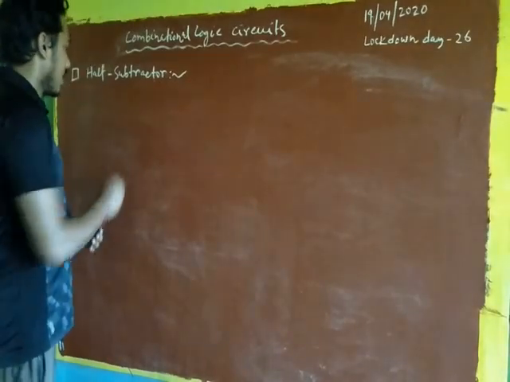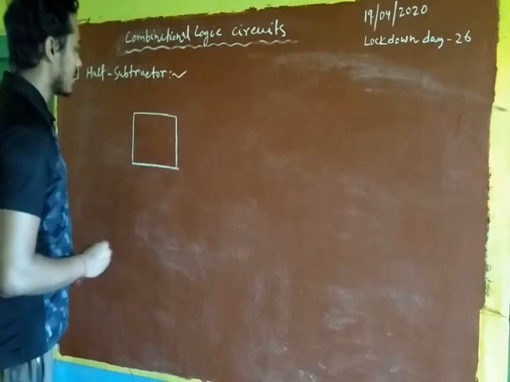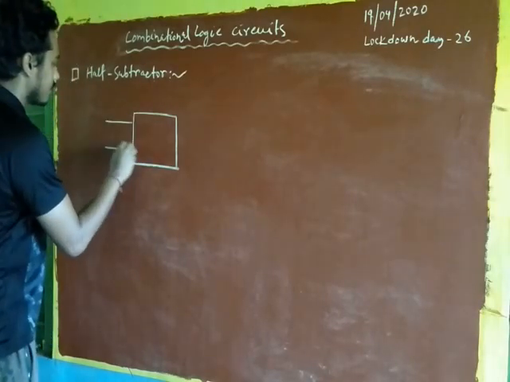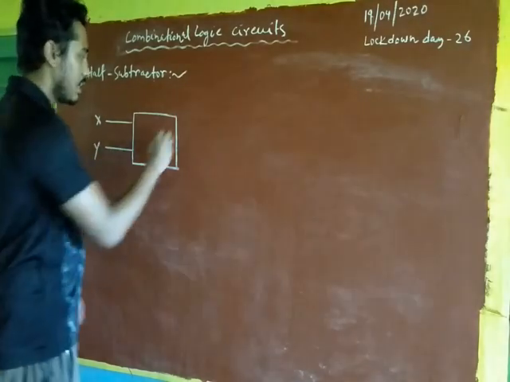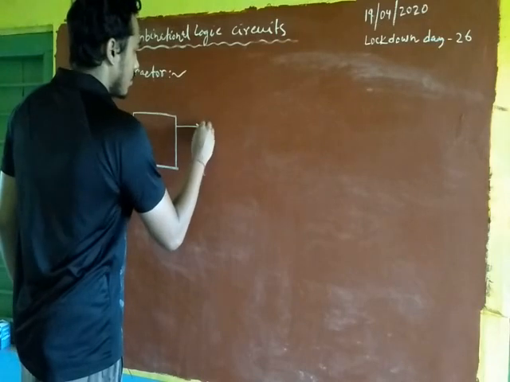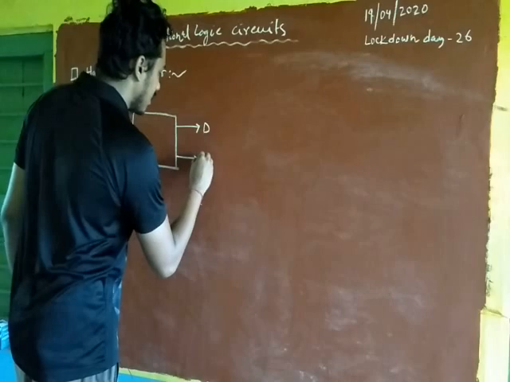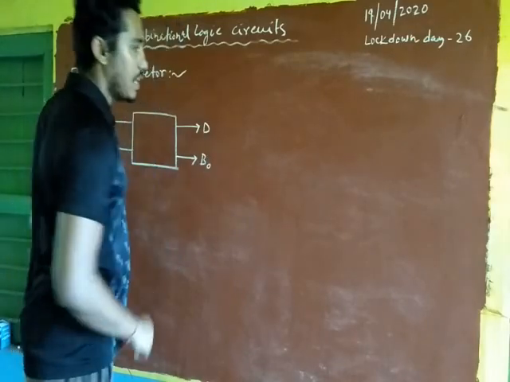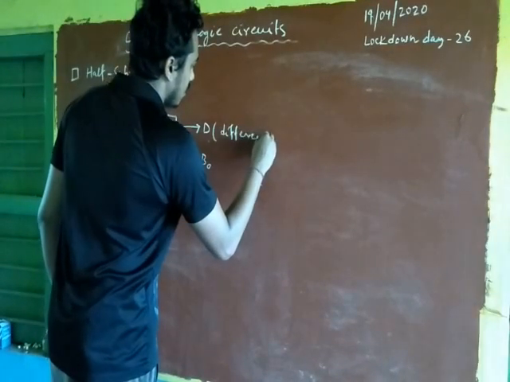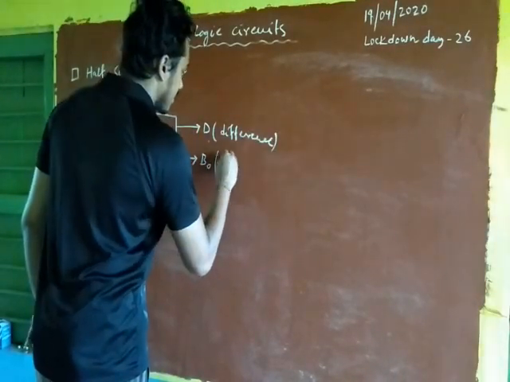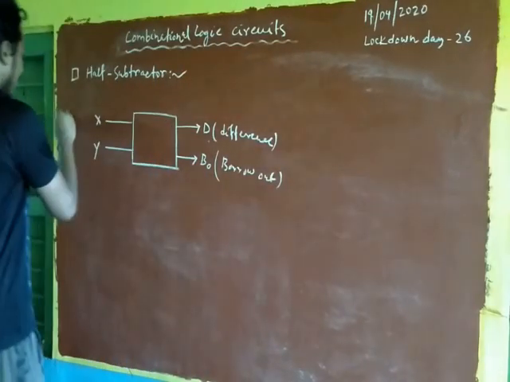If we draw the logic symbol for the half subtractor, it has inputs x and y. X is minuend and y is subtrahend. Now it has two outputs. The first one is D, the difference, and the second one is the borrow out, B out.